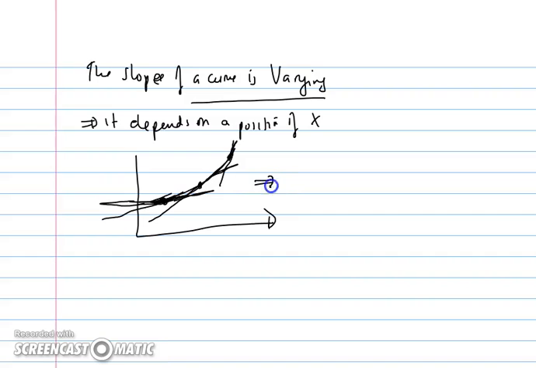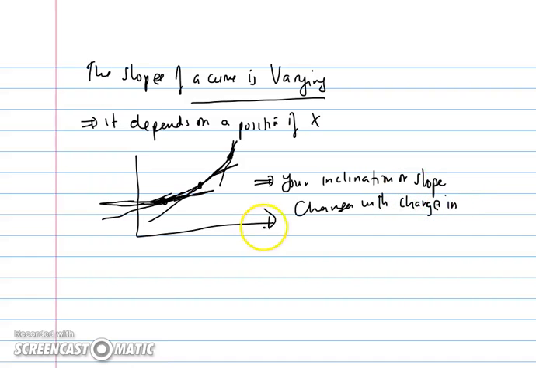And at this point, it is along that line. So it means your inclination or slope changes with change in the value of x. Here is x1, here is x2, here is x3.